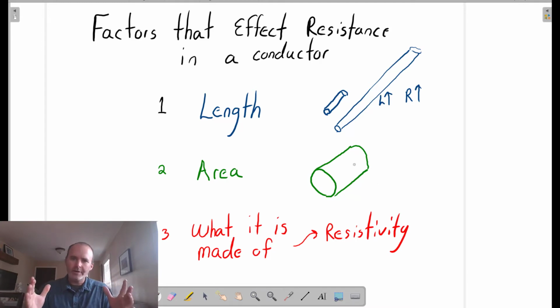Okay, what about area? In that river analogy, that's like where it comes to a bend or where it presses together. You can think of a garden hose. If you had a big garden hose, that's going to let more water flow through than something that was smaller.